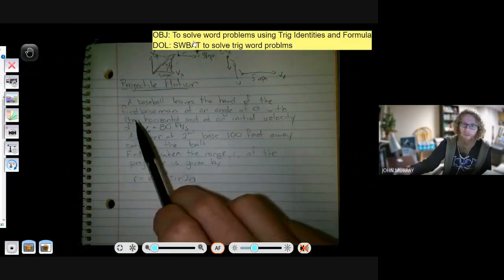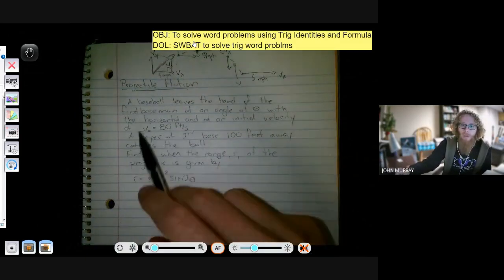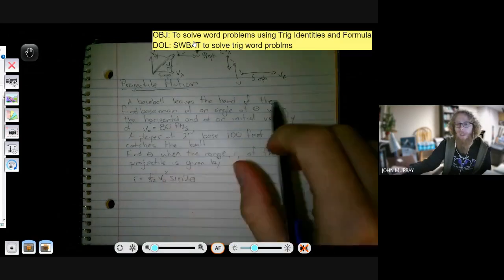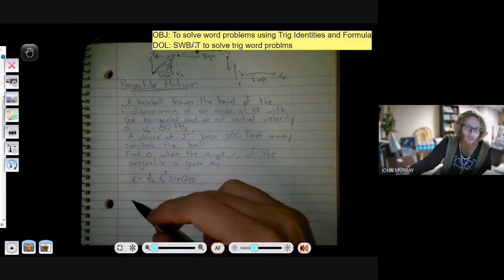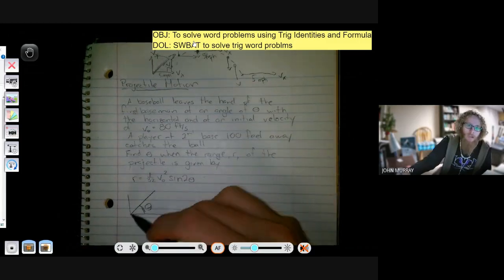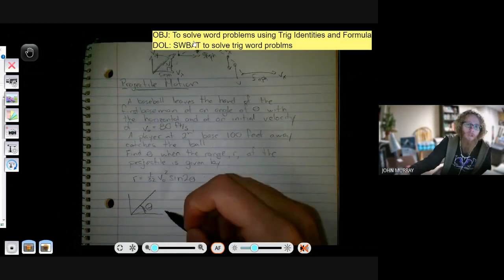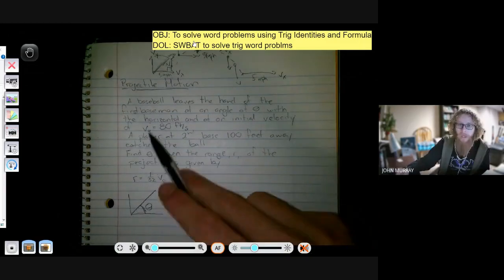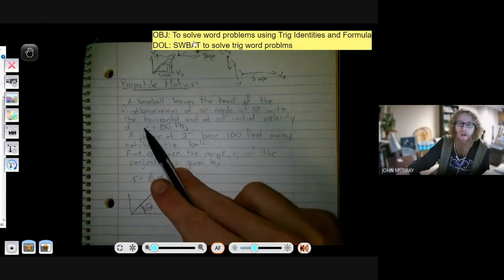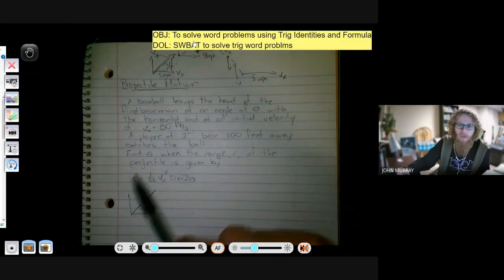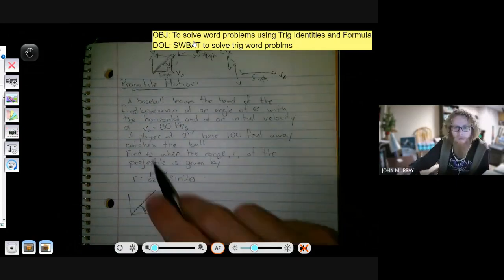So here we have a scenario. A baseball leaves the hand of the first baseman at an angle of theta with the horizontal. So that just tells you that the angle you're looking at is with respect to the horizontal, which is what we usually deal with anyway. And it has an initial velocity, v naught, of 80 feet per second. Right, so you throw it, and it's got a speed of 80 feet per second.